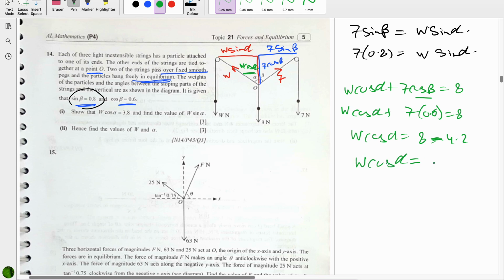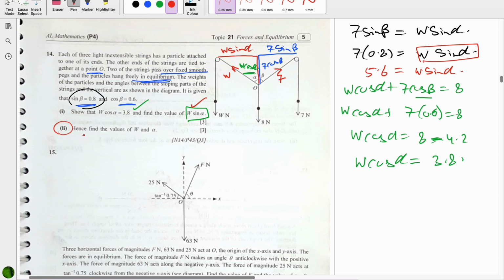W cos of alpha is equal to 3.8. First part done. And find the value of W sine alpha. So W sine alpha, which is in the first equation, equals 7 into 0.8, that is 5.6. W sine alpha is 5.6. So both sections of the first part are done.